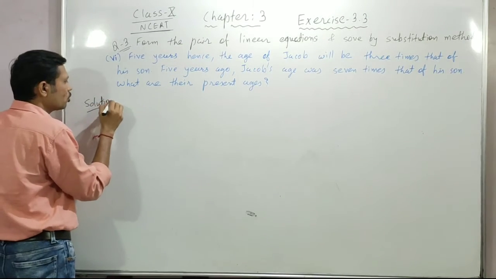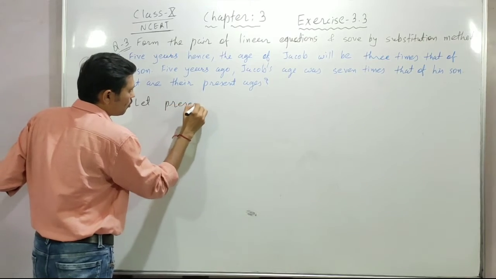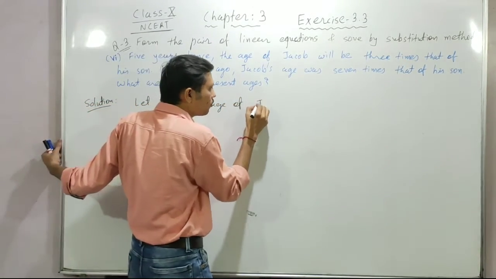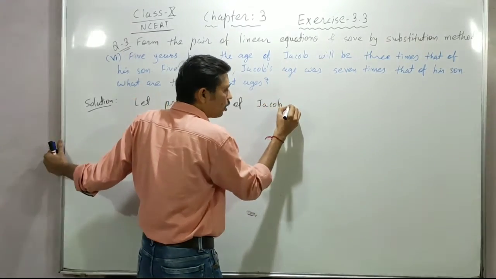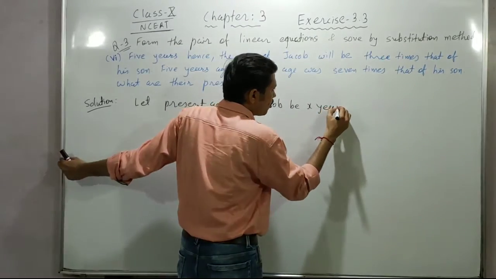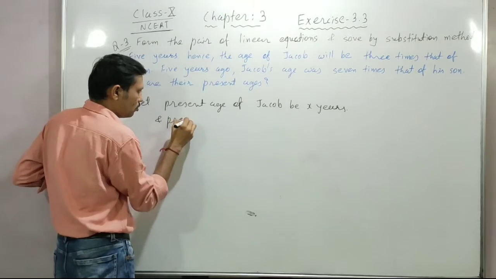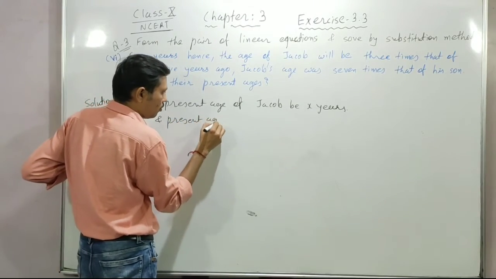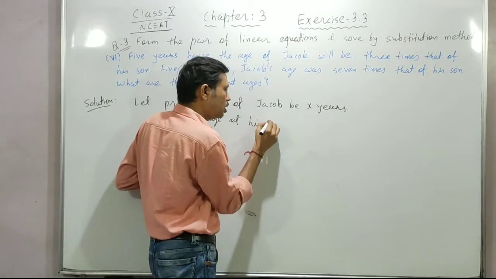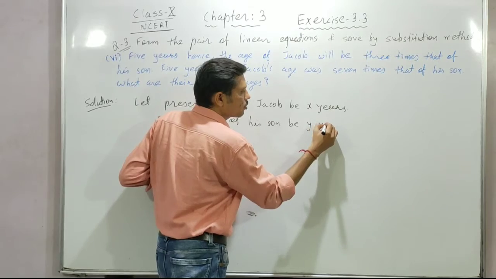So in the solution part, first we will assume that the present age of Jacob be x years and the present age of his son be y years.